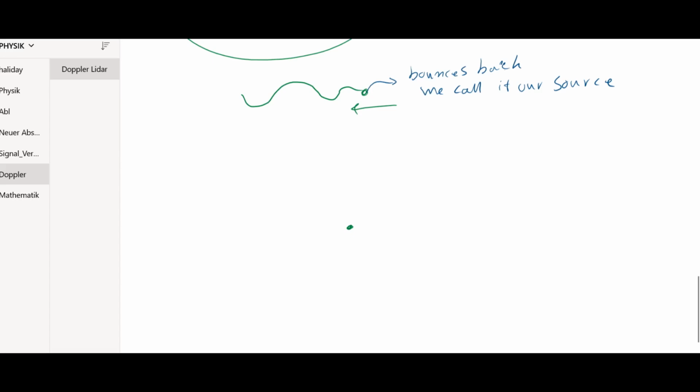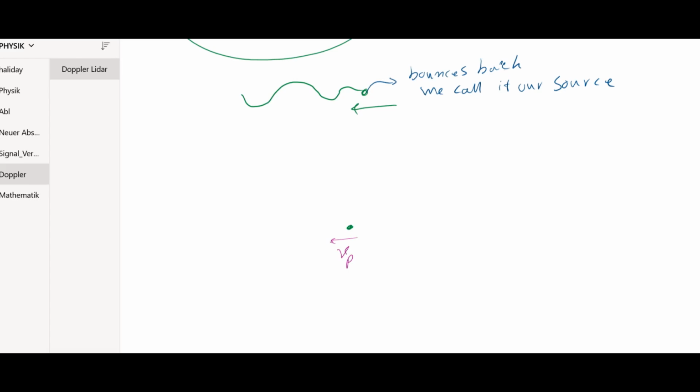Okay, now let us talk about the second source, let's call it the particle which the wave is bounced back. This particle is coming toward us with the velocity of the particle.